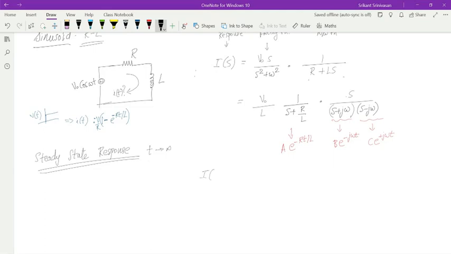So now if I go about solving this expression, I will say I of s is equal to V naught over L. First I want to solve for the term which is s plus j omega. This first term I'm neglecting because of steady state.